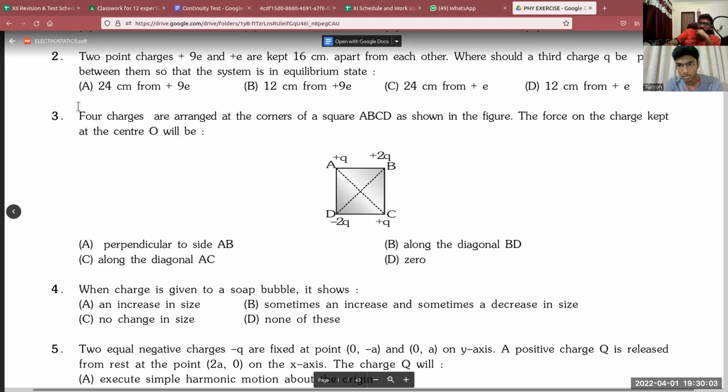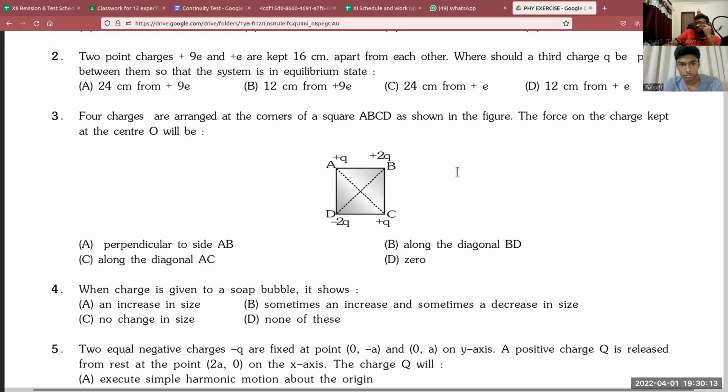That's correct. By the way, third: it will be towards A, B, along diagonal B, D, option B. That's correct.